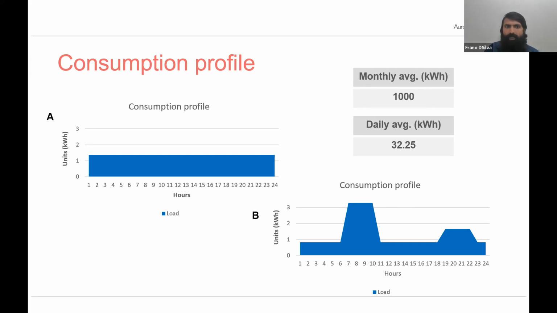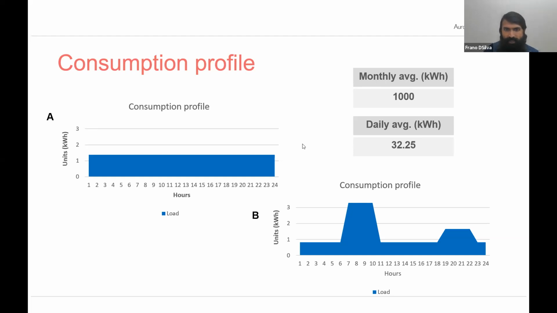As you can see, the participants have answered that option B, consumption profile, better represents the load profile of a domestic consumer.